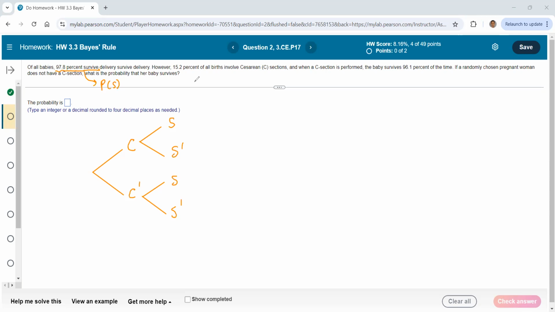Okay, so 15.2% of all births involve C-section. So I have a 0.152 and then 0.848. Okay, and then if there's a C-section and the baby survives with probability 0.961, and not survive would be 0.039.